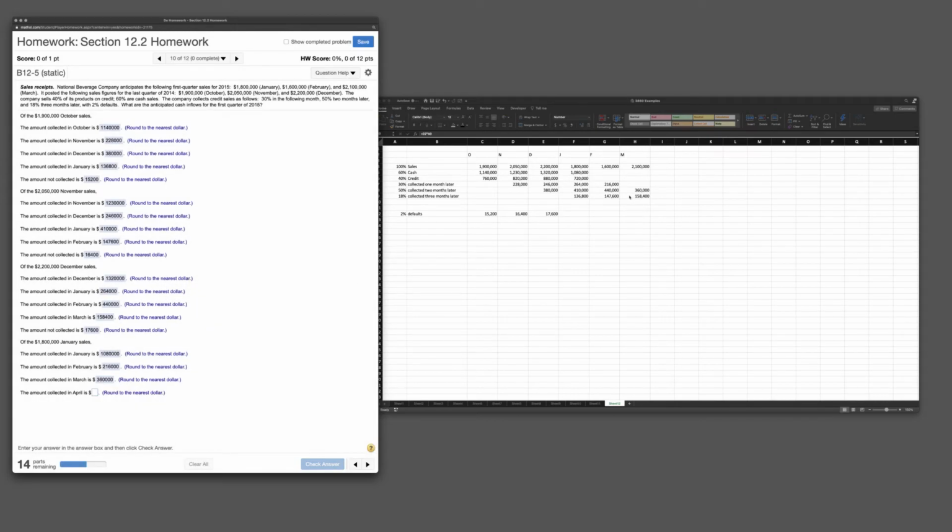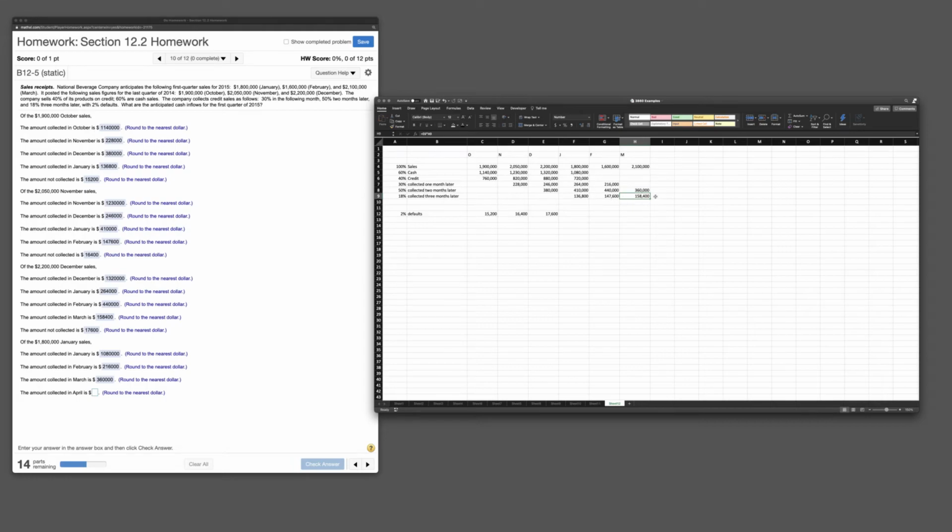Okay, and April, finally in April we have 18%. So we don't have April yet, so we've got to make that. But for now, again, just look at it as 3 months away. 18%.